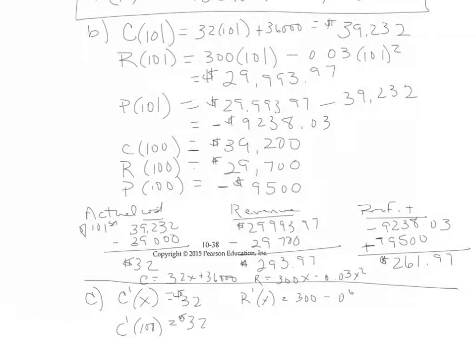Okay. So I would get a negative 0.06x, right? So if I wanted to know what was the marginal revenue for 100 units, then plugging in 100, I would end up with what?